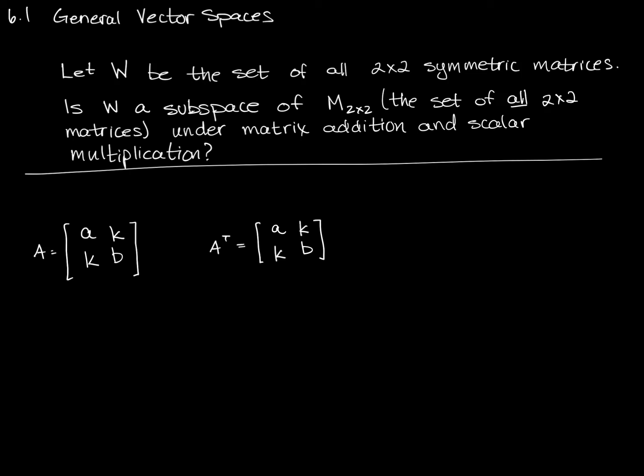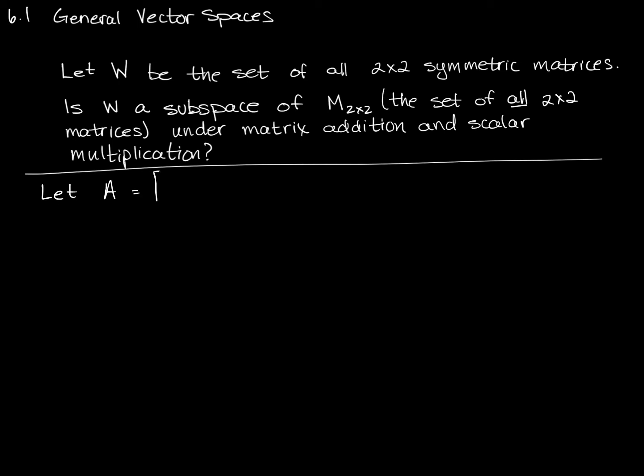So let's take matrix A, equal to A, K, K, B. And we can say now with a great deal of confidence that A is an element of the set W. A is contained in the collection of things called 2 by 2 symmetric matrices.